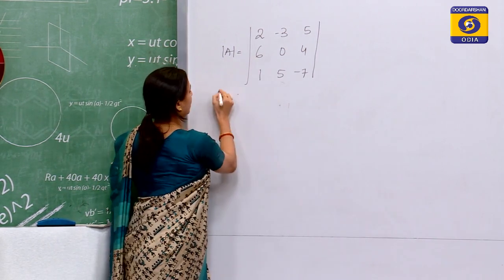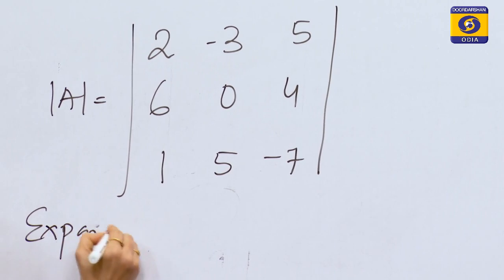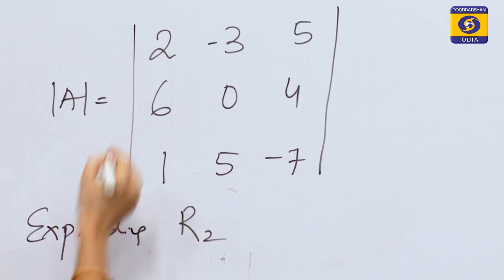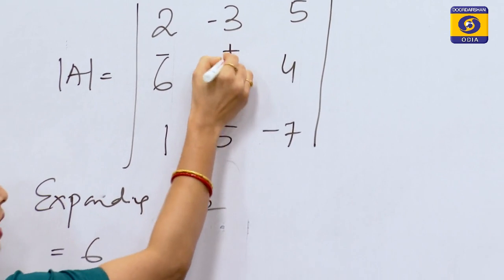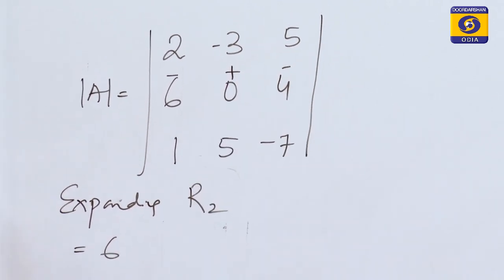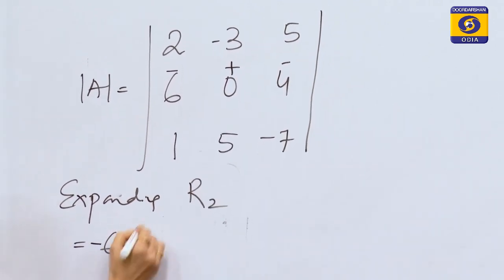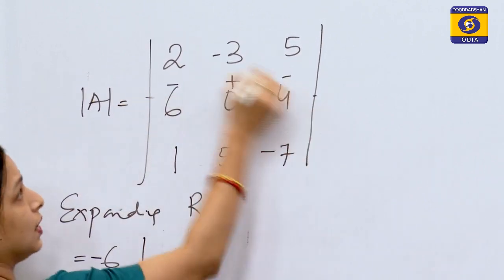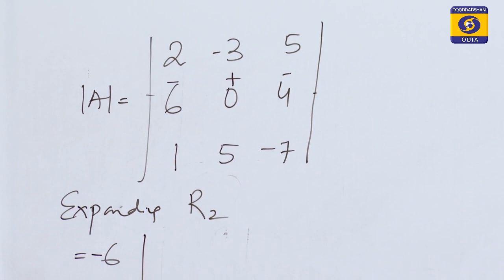So, if I expand row 2, now row 2 means you have to be careful with the positional signs. So, this is minus, this is plus and this is minus, right. So, minus 6, the element, and the determinant, I have told you to delete the row and column in which the element exists.